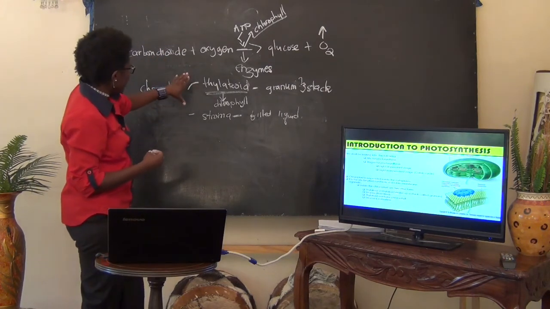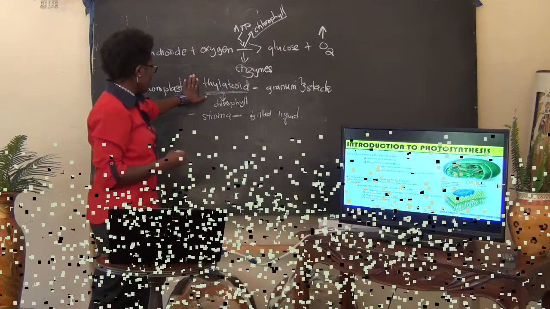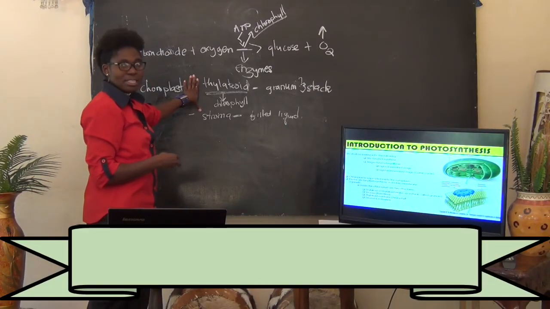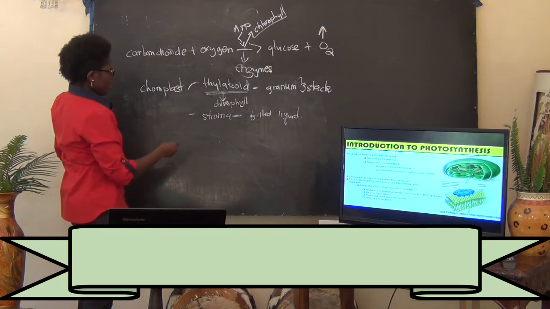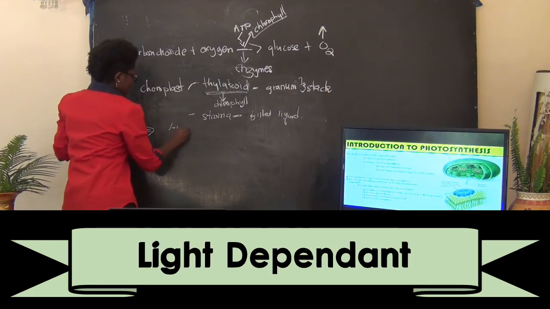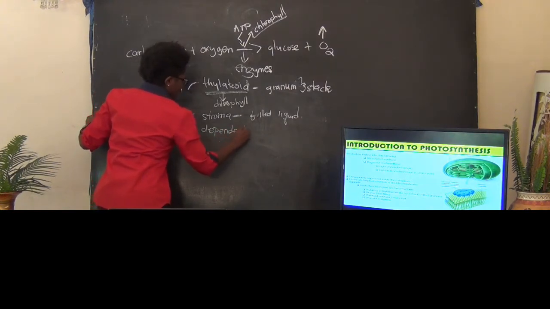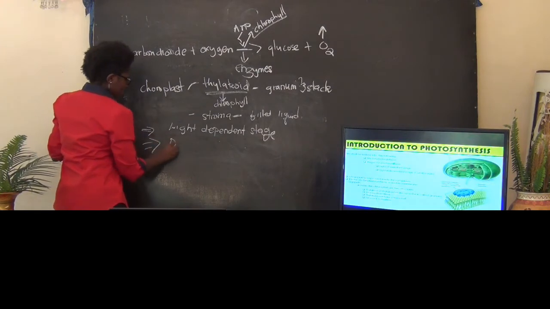So we have managed to explain that the thylakoid organelle contains chlorophyll, and then the stroma is filled up with liquid. We need to understand the reason as to why it is like that. And then you begin to appreciate that your photosynthesis has got 2 stages. That is what is known as your light-dependent stage, and the dark stage.